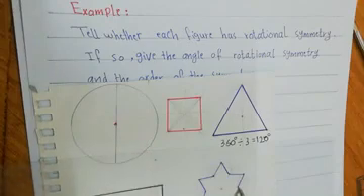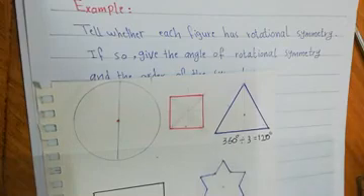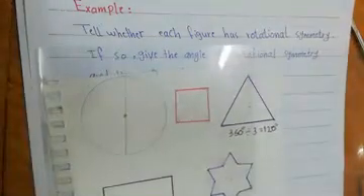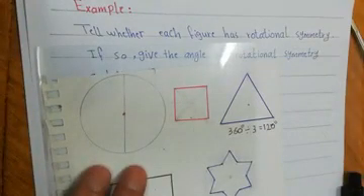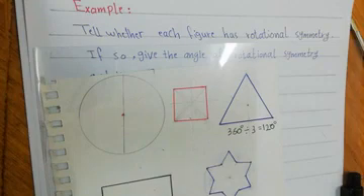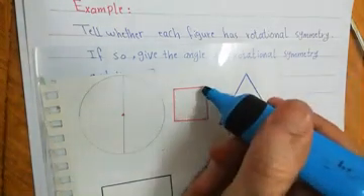Okay, now I will erase this. Let us check the square to see if it has rotational symmetry.